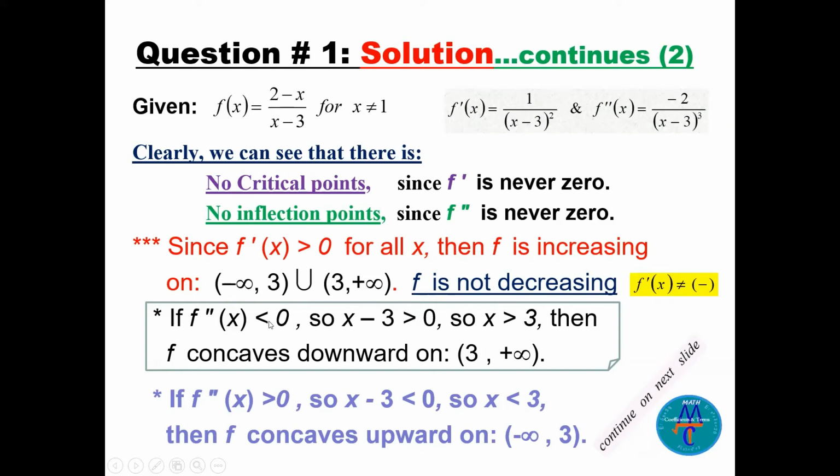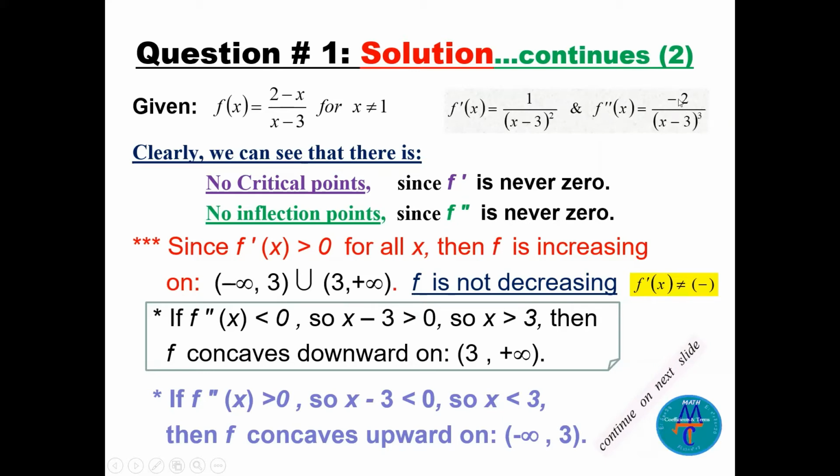Now f double prime is negative. Be careful here. We have minus 2 over x minus 3 cubed. What will happen? This is negative. And we have x minus 3 cubed. X minus 3 cubed, we can write it as x minus 3 squared, which is positive, and then x minus 3 changing between positive and negative.